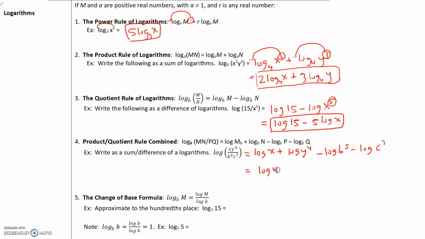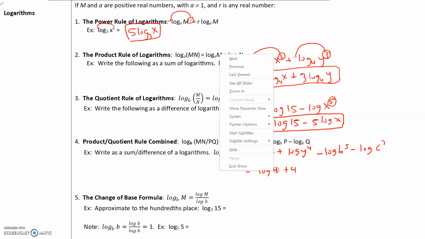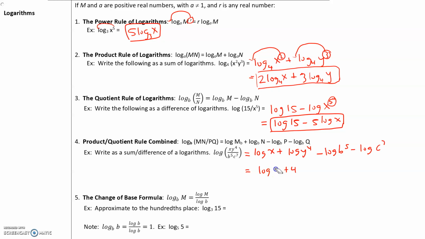If we simplify this a little bit further, the exponents have to come to the front. So this is log of x plus 4 log of y minus 5 log of b plus 7 log of c.